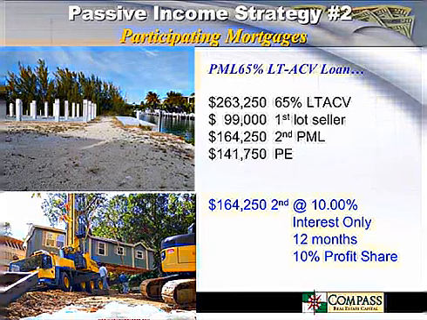But it also has the icing on the cake, the equity kicker, which is the 10% profit share. So what's really nice is worst case scenario, the investors get 10%. And they have a $164,000 loan with $141,000 in protective equity. So those numbers all look good. And this is the bonus, the 10% profit share. So that's kind of the scenario of a participating mortgage.